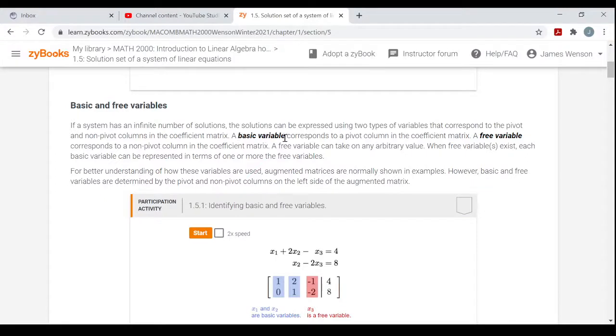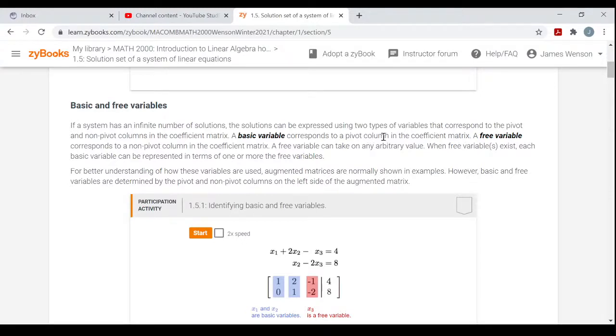A basic variable, sometimes in other books, if you're reading other material out there, basic variables are referred to as leading variables. Just keep that in mind if you ever see that. A basic variable corresponds to a pivot column in the coefficient matrix.